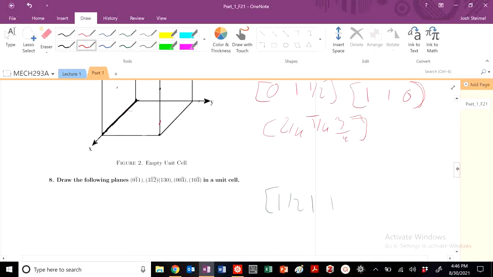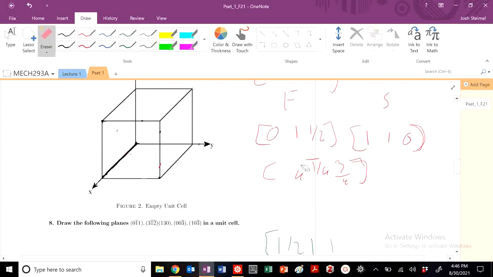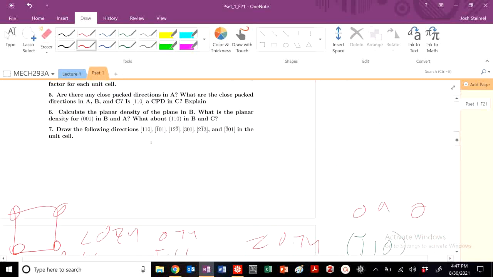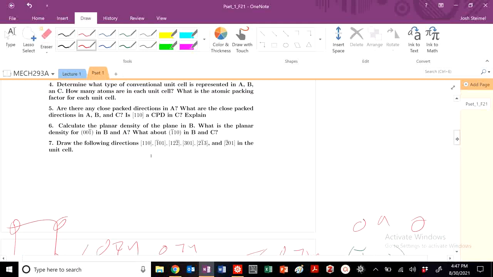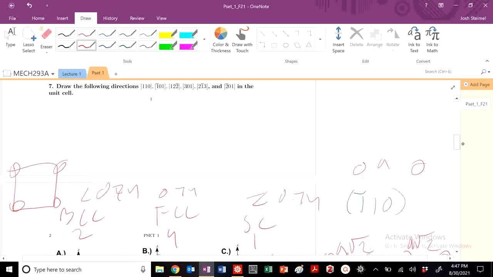So let's bring this down here. This is going to be 1 bar 0 half. So it's going to give us 2 bar 1. Let's draw it. 1, 1, 0, start there. Finish at 0, 1, a half. There we go. Actually, I think that one is repeated. Nope, we're okay. All right, that's it.